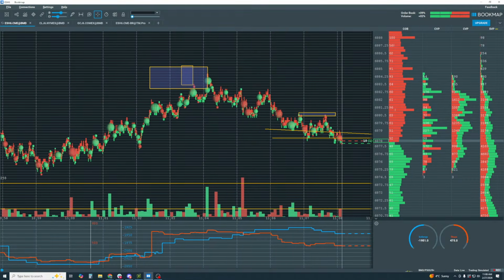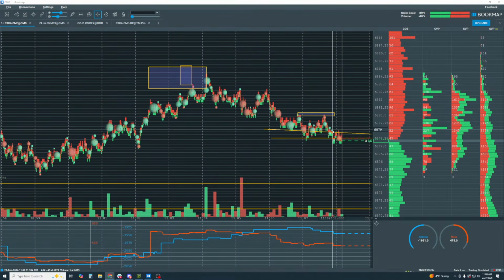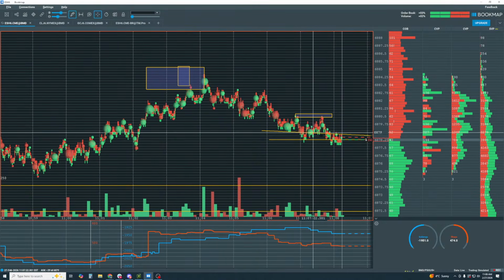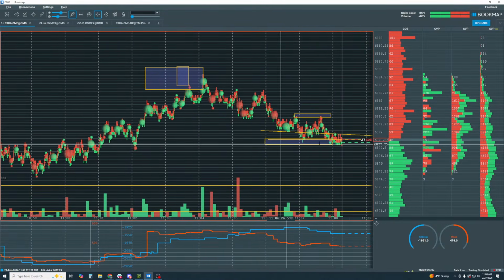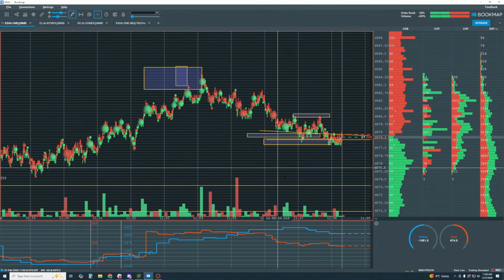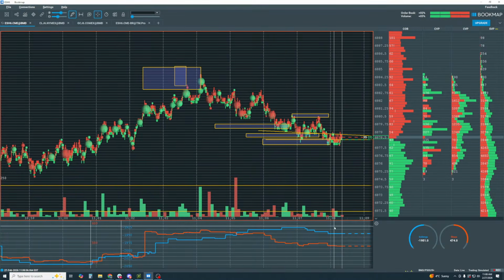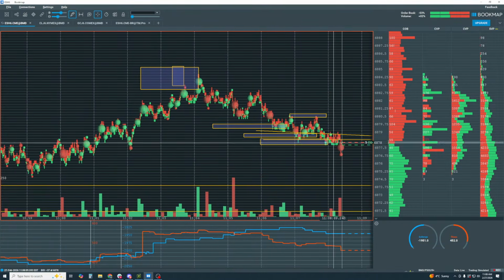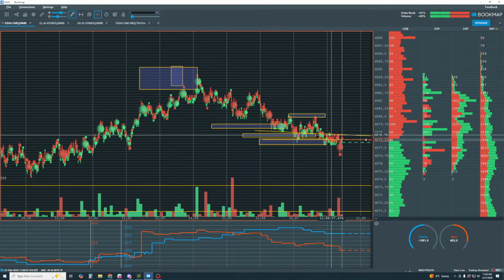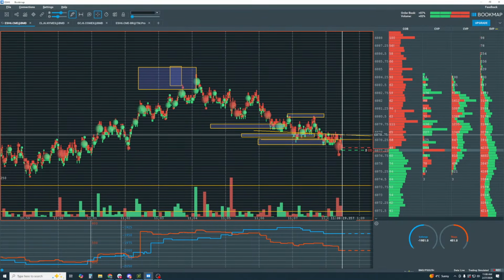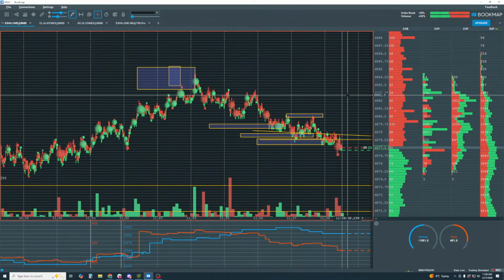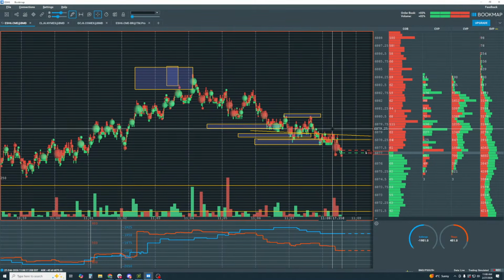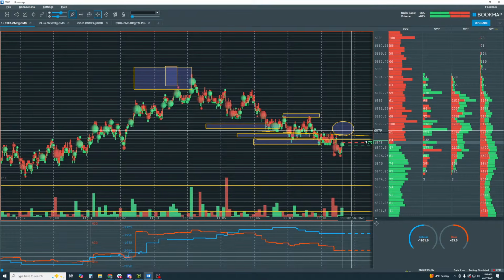We don't know. But what if we have a lot of passive buyers in here in the liquidity heat map? And then what if we don't find any more sellers willing to take this lower? And then we start to kind of curl around and we start to see aggressive buyers come back in. Big green dots over here.